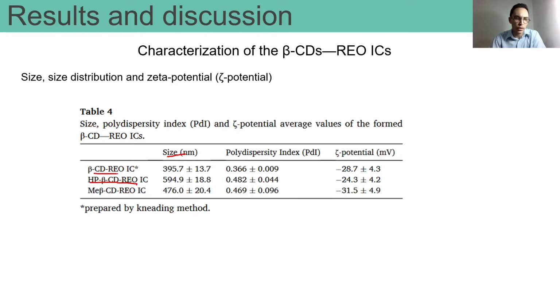For the polydispersity index we don't have much variation, which tells us that we have homogeneous particles.